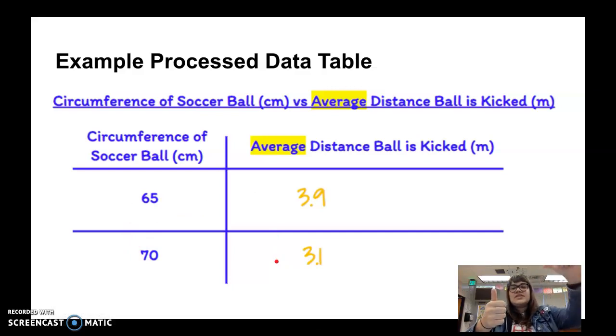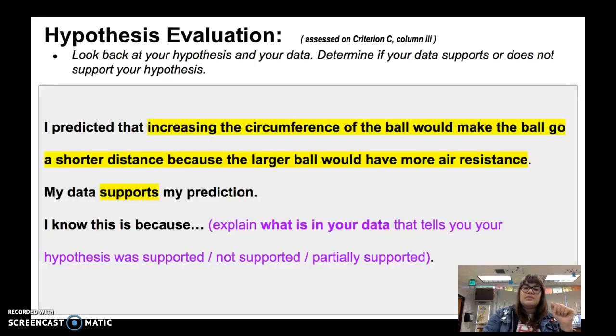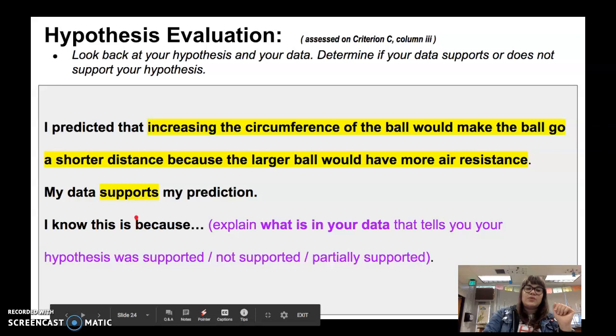Circumference goes up, distance the ball is kicked goes down. That is what I said in my hypothesis. I said that as the circumference of the ball goes from 65 to 75, the distance the ball is kicked will go down. So to me, my hypothesis is supported. My prediction is supported by my data. So I deleted all the other options and I selected supported.